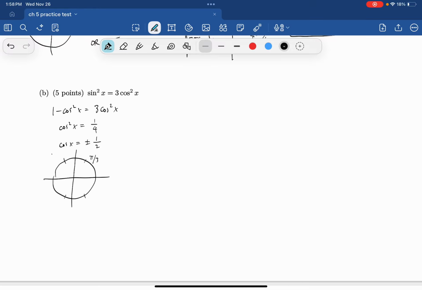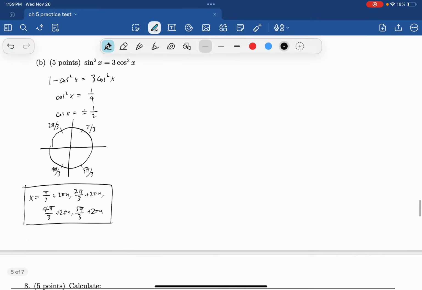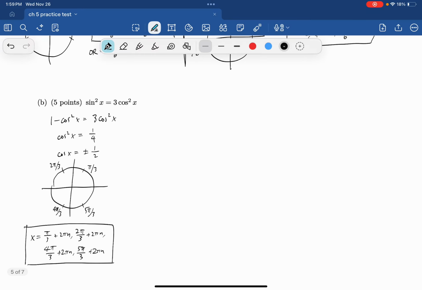It's pi over 3, 2 pi over 3, 4 pi over 3, and 5 pi over 3. Another way of doing this would have been to write cosine squared as 1 minus sine squared, and you would have gotten the same thing.